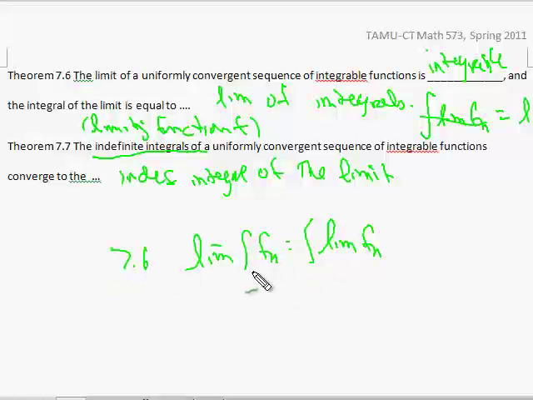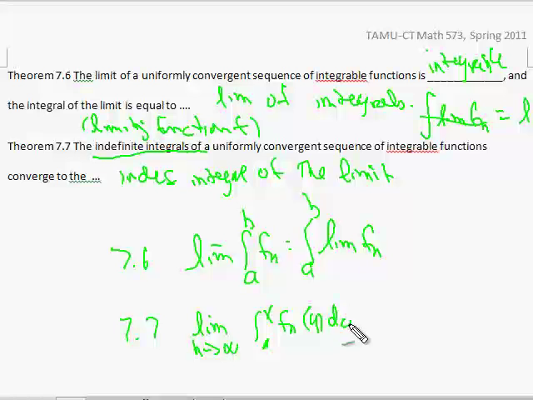The limit of this definite integral works, and 7.7 says this: the limit, as n goes to infinity, of the integral from a to x of fn of y, dy, is equal to the integral from a to x of the limit as n goes to infinity of fn of y, dy.